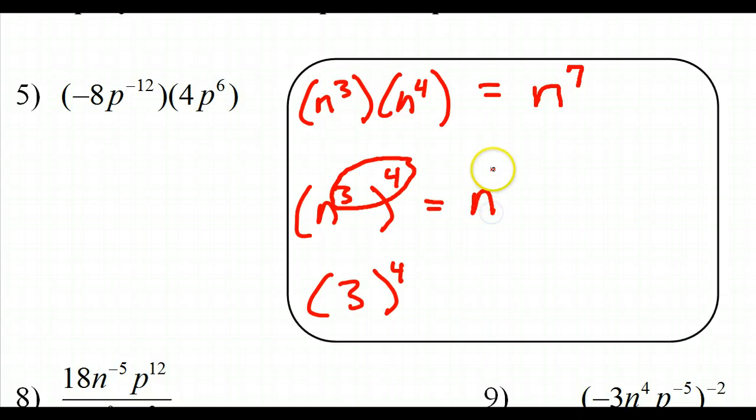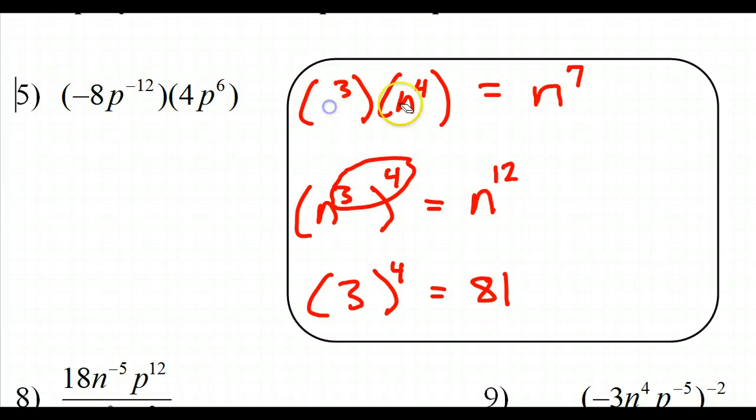So this would be n to the 12th power. But if we just have a regular number, not an exponent, just a number, then you have to actually do the power. So we won't multiply, we won't add. This means 3 times 3 times 3 times 3, which would turn out to be 81.